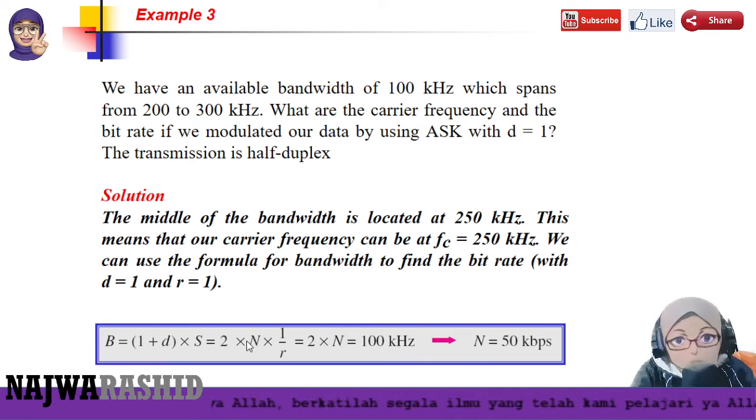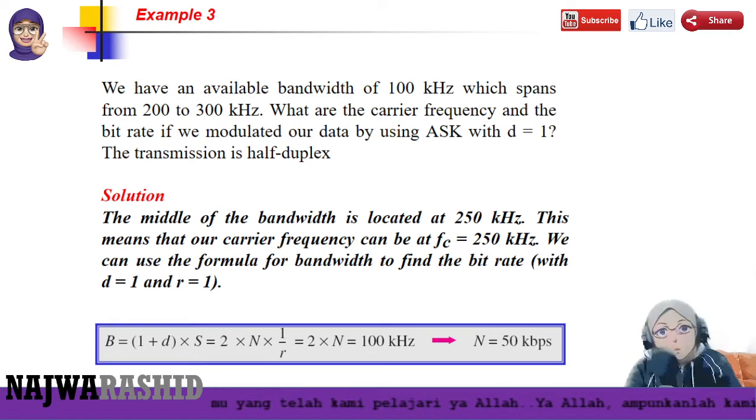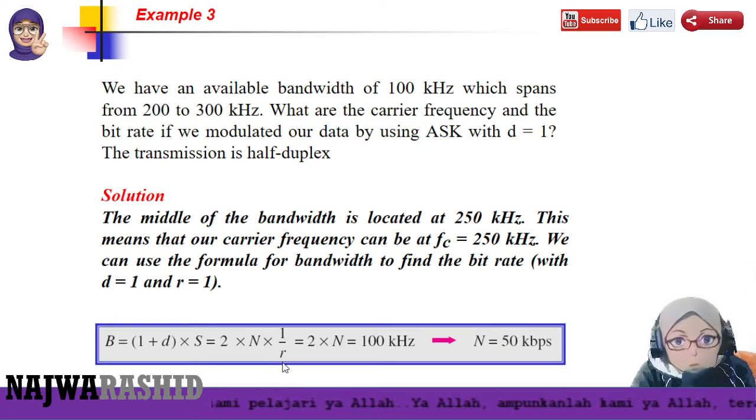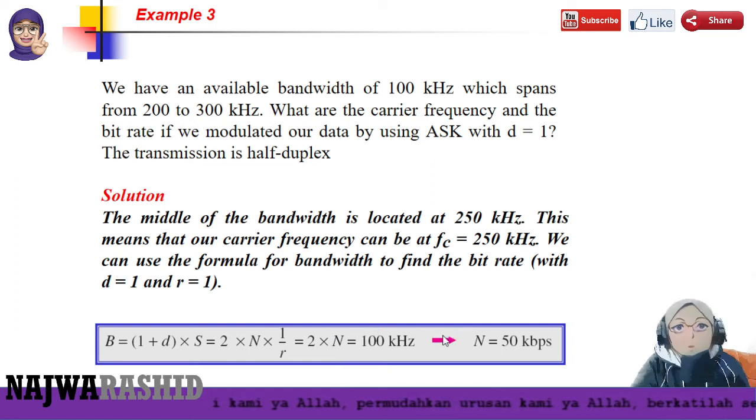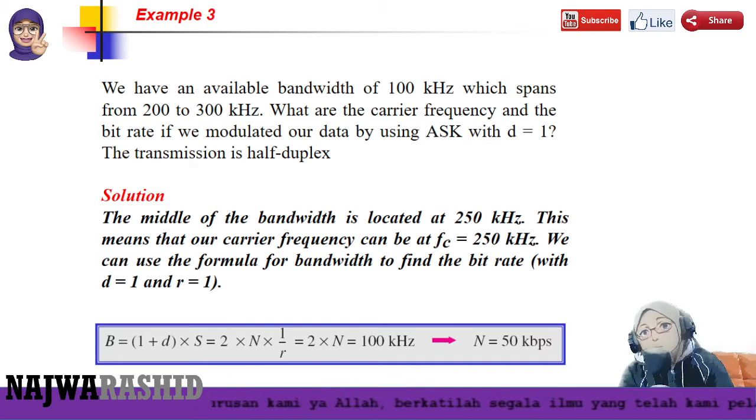We need to find N. This becomes 1 over 1 because R equals 1 based on the ASK formula. So you will find N equal to 50 kilobits per second. N refers to the data rate.